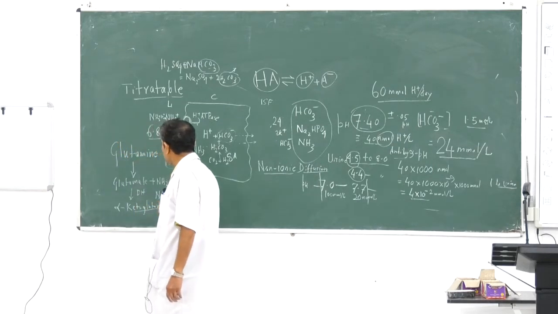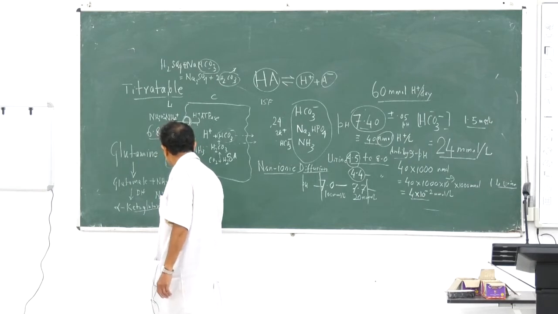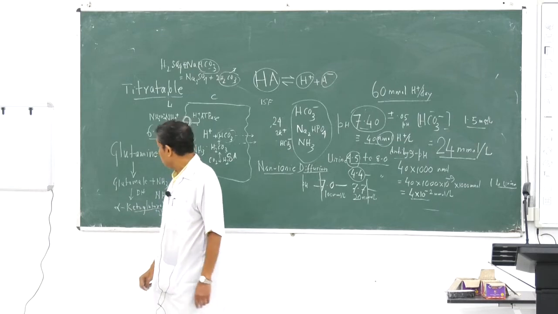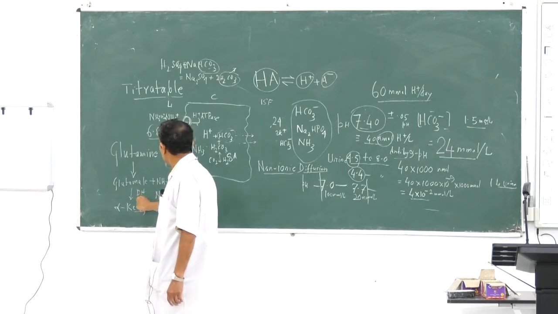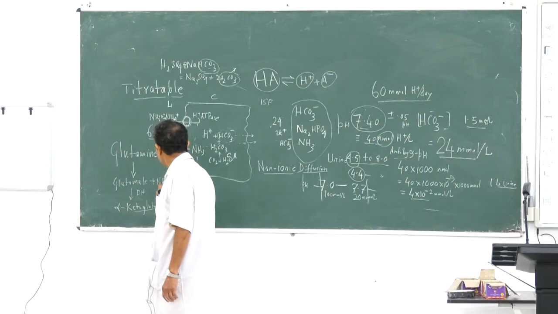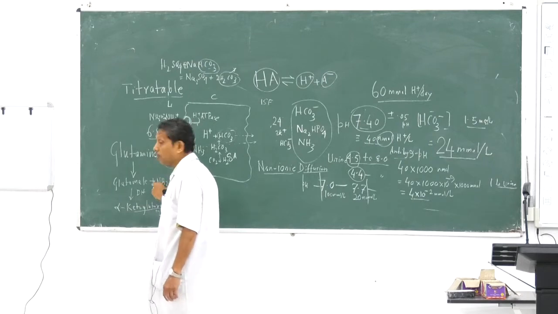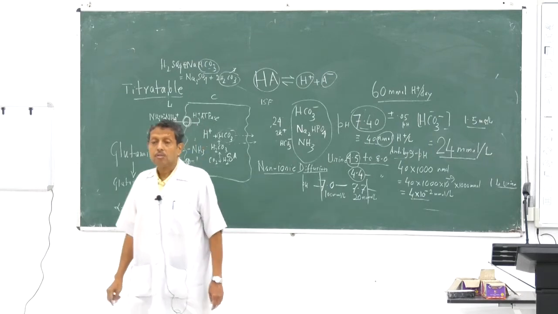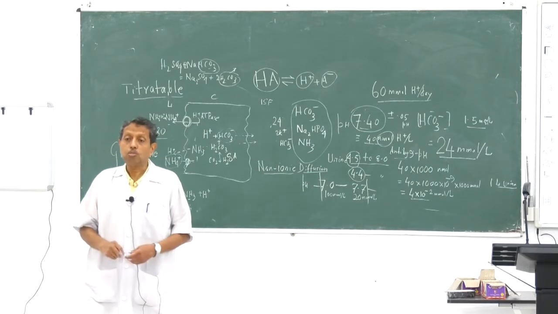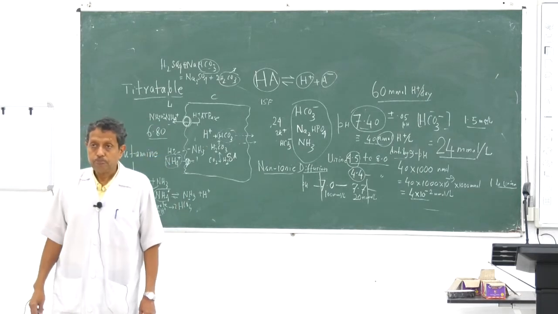Its metabolism yields 2 additional bicarbonate ions, and it utilizes 2 hydrogen ions. So through the dehydrogenase, additional NH4 or NH3 is available. So these are the reactions that are produced.